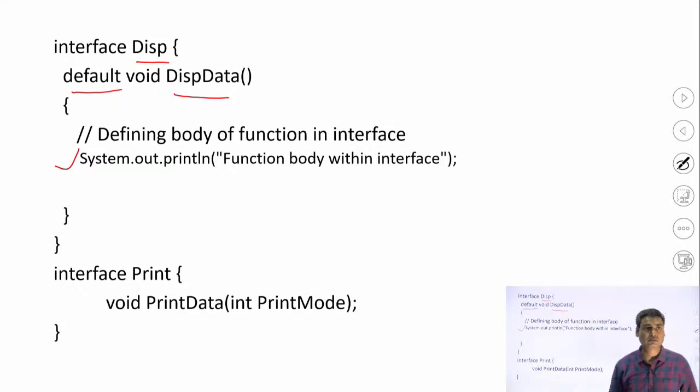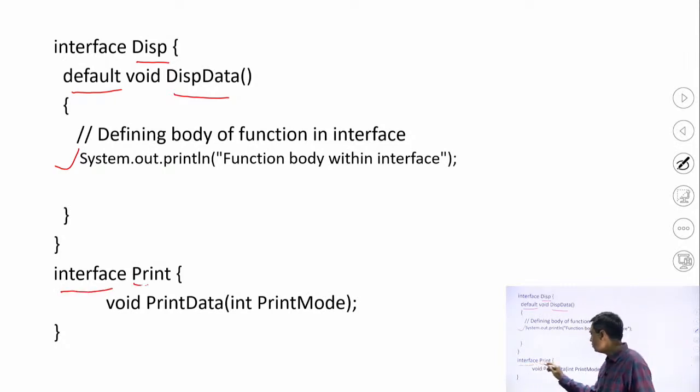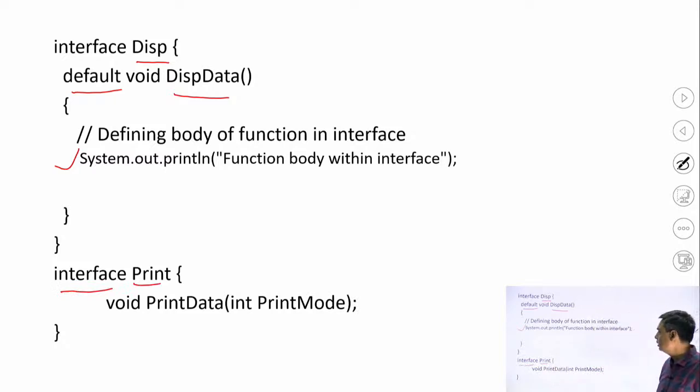So it is a default method, because in Java 8 it is possible to define the body of a function, and it becomes a default when we give the body of a function. Then an interface print is defined, with printData. Here we are not defining the definition. So, important: from Java 8 onwards, whenever we define the body of a function in an interface, it must be a default function.